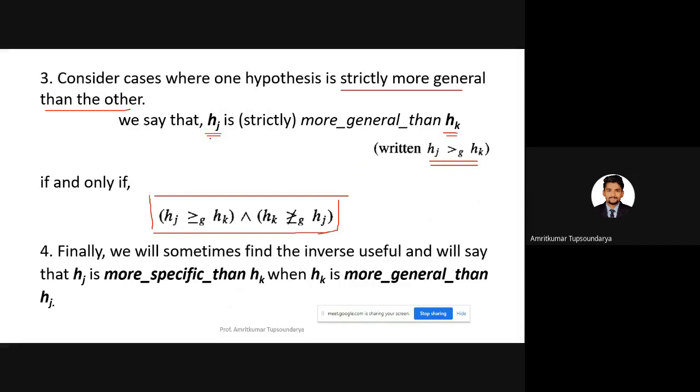So we can say that Hj is strictly more general than Hk if and only if Hj is more general than or equal to Hk, and Hk is not more general than or equal to Hj. So this is the logical AND operator here. That means both conditions have to be true.